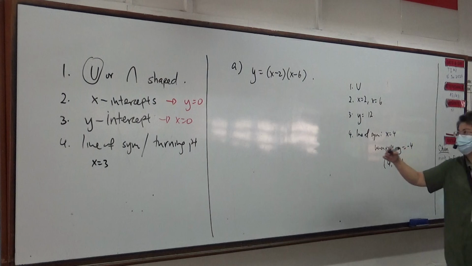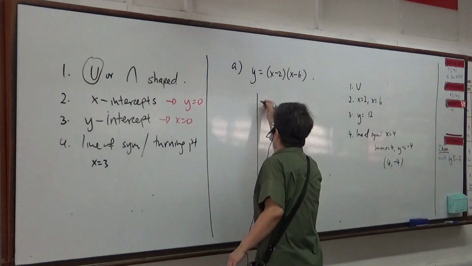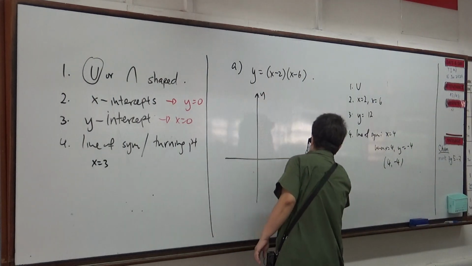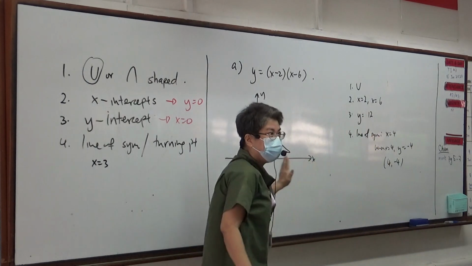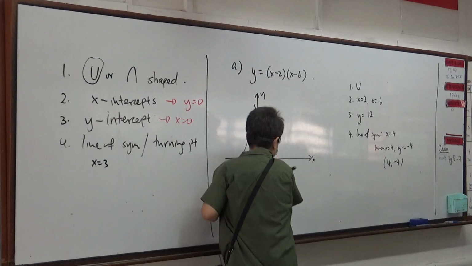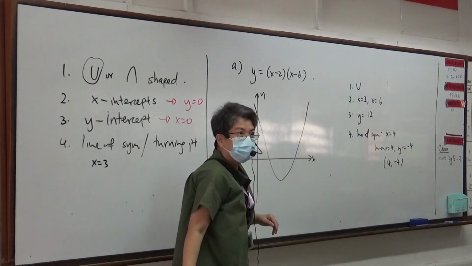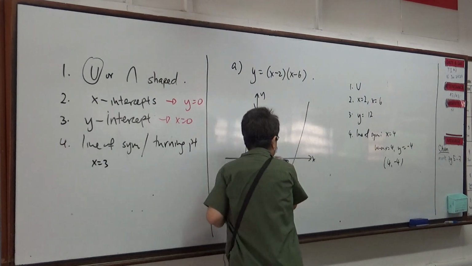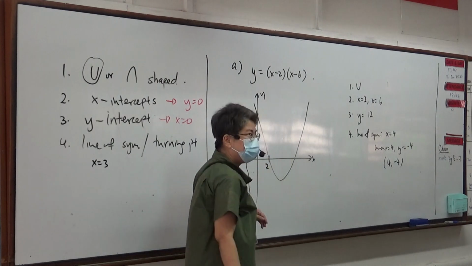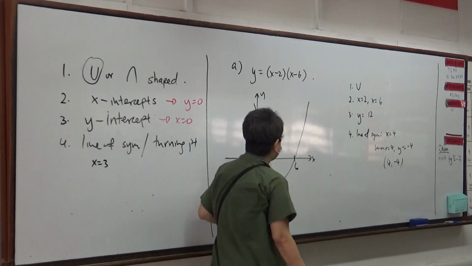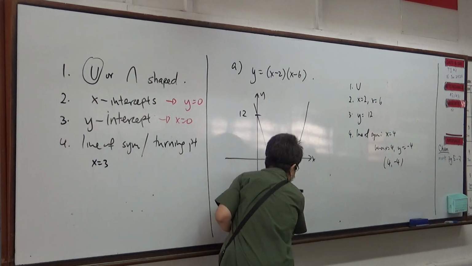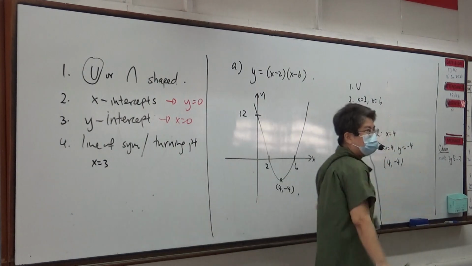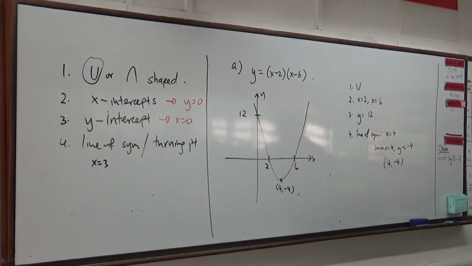Alright, next up. All of you look, I draw the axis first. Can you see that 2 and 6 all lie on this side? So I will have it like this, right? Correct. Then I will have what? 2 and what? 6. Here is what? 12. What is this point? 4, negative 4. That's how we get the answer.